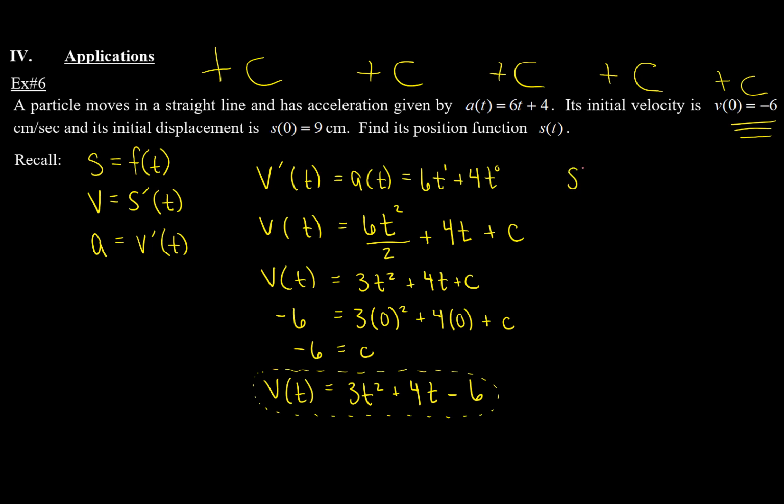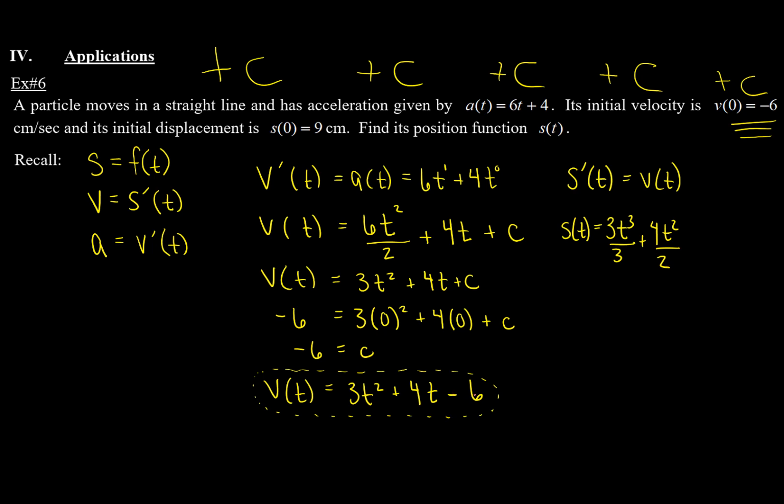So remember that the derivative of the position function is equal to the velocity function. So I need to take the antiderivative to find the position function. I'm going to have 3t to the 2 plus 1. So this is going to give me 3t to the 3 over 3. And then here it's t to the 1, so I'm going to have 4t squared divided by 2.